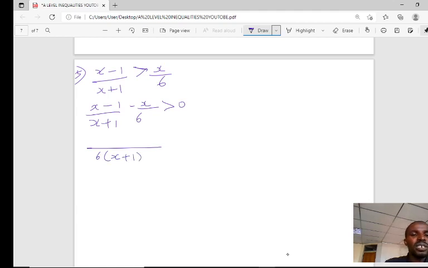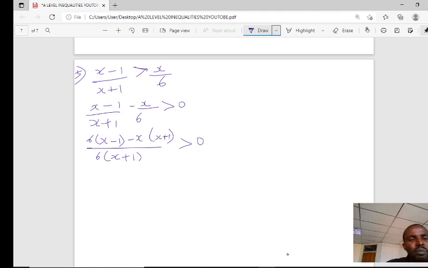Then it will be x plus 1 into this one, you get 6. Then 6 multiply x minus 1. Then minus 6 into this one, it will actually be x plus 1, because 6 times x plus 1 divided by 6 gives x. Then multiply the x, the numerator, x plus 1, greater than 0.